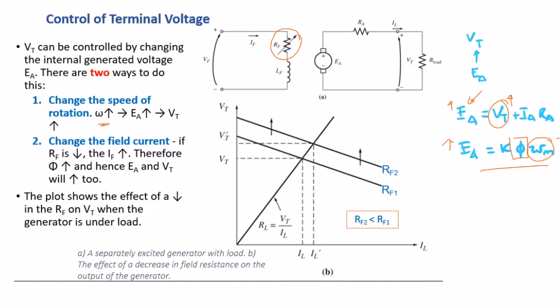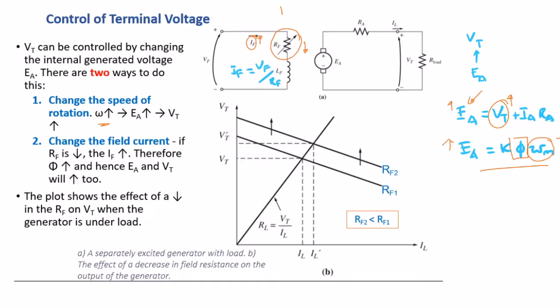If we, for example, reduce this RF, IF will be increased, because we know that IF is equal to VF over RF.